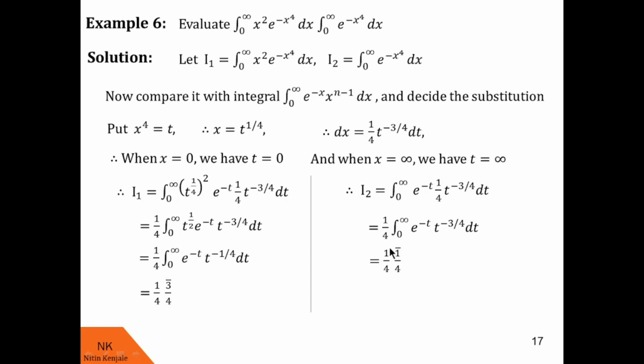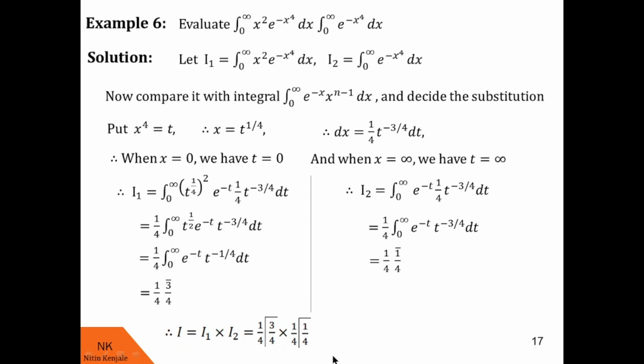So value of I2 is 1 by 4 into gamma of 1 by 4. Now finally, we take the product of values of I1 and I2 to get value of this expression. So value of this expression is 1 by 4 into gamma of 3 by 4 into 1 by 4 into gamma 1 by 4. So this is the value of the given expression.